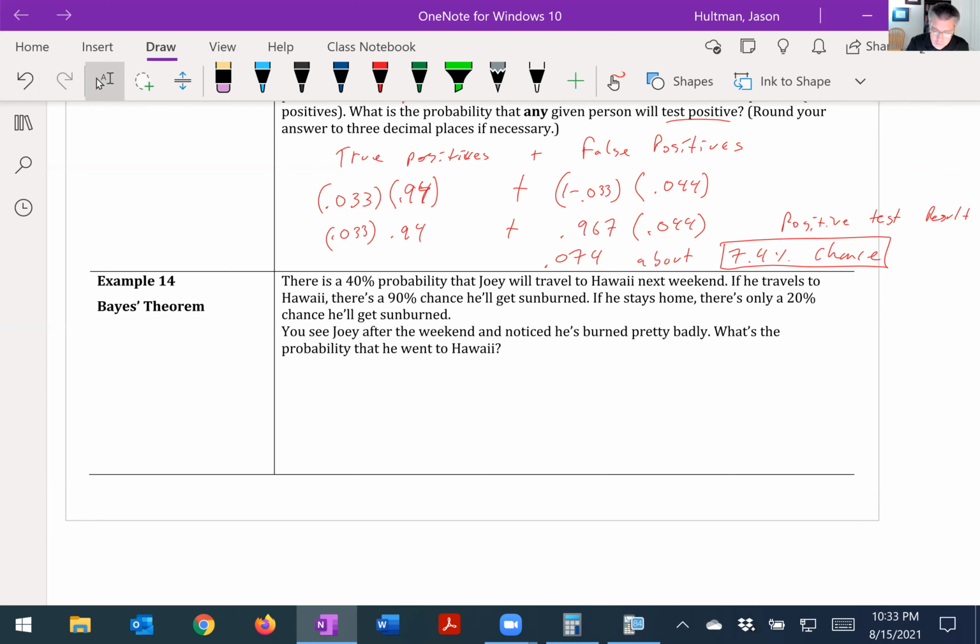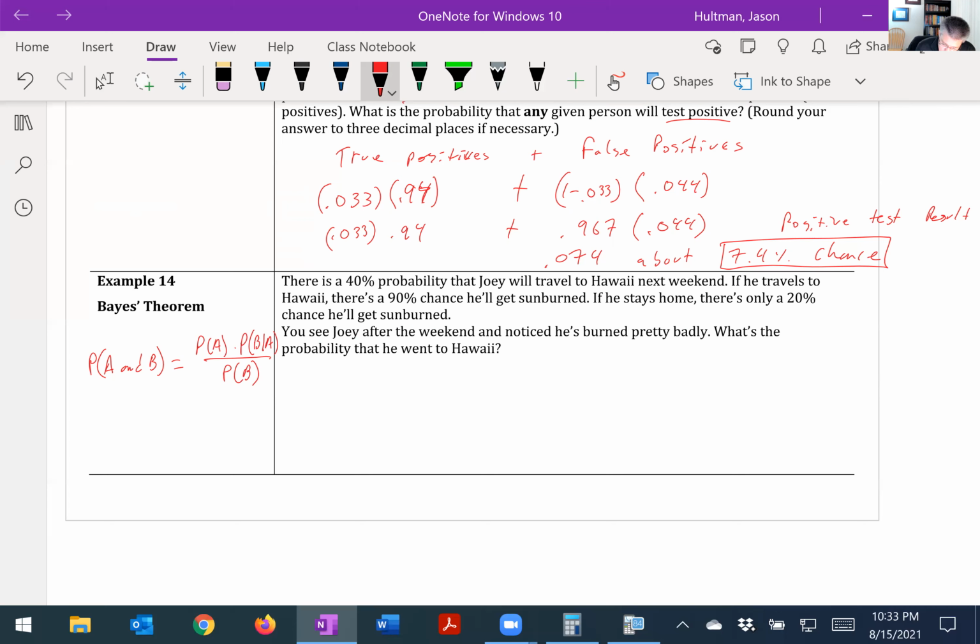The probability of A given B is equal to the probability of A times the probability of B given A, all over the probability of B. That's Bayes' theorem, and again, it just comes to us from the definition of conditional probability.